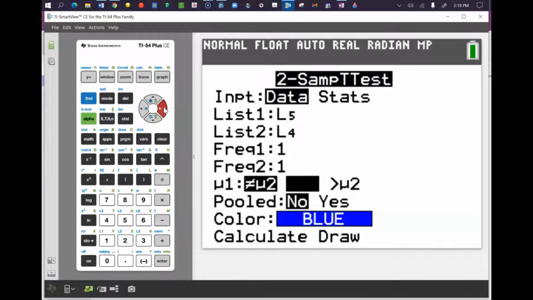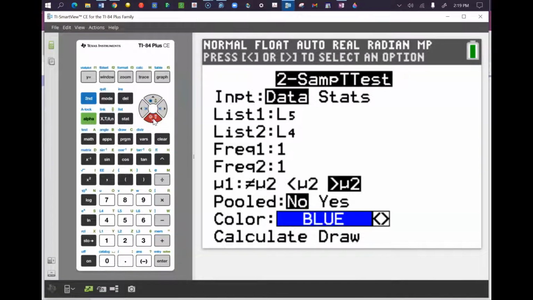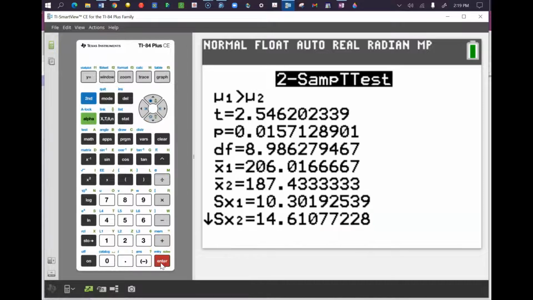I am basically saying that I think the population mean for generics is greater than the population mean for WC energy, so I'm going to use mu1 greater than mu2, which is the same as mu1 minus mu2 is greater than 0. Again, if you're offered the option to pool or not pool, the answer should be no. The only reason you would pool is if you had reason to believe that the population standard deviations were equal, which involves another test that we are not responsible for in this class. So we're going to skip that and go right to calculate.